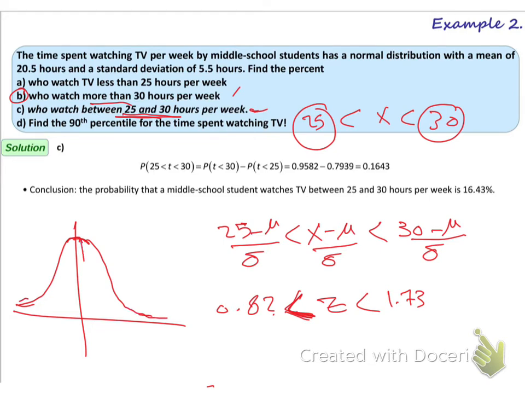Both of them are positive, so both of them should be on this side, nothing on the negative side. So 0.82, and here should be 1.73. This is the area which I'm looking for. What is the reading at 1.73?